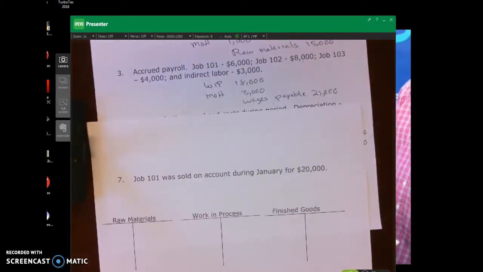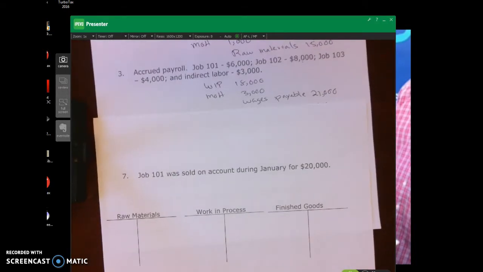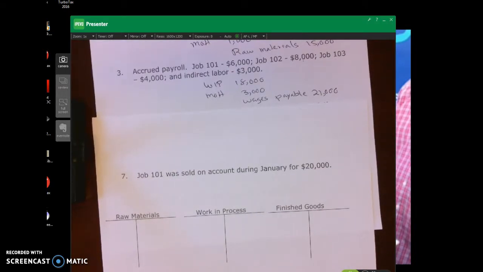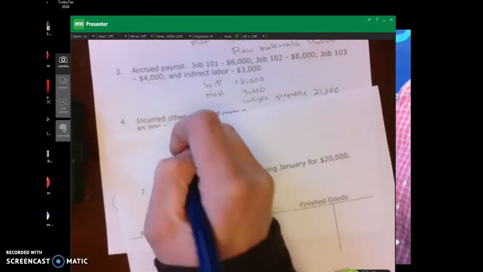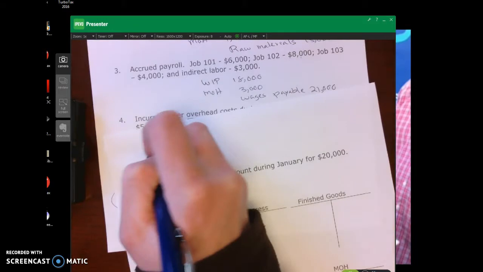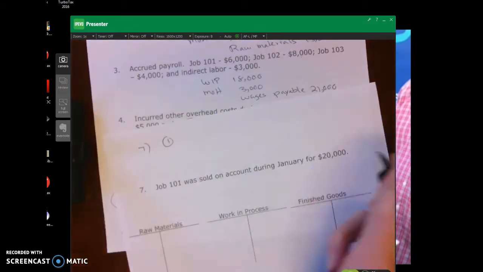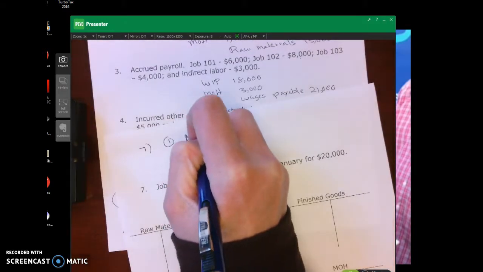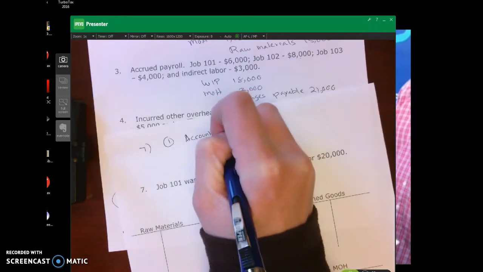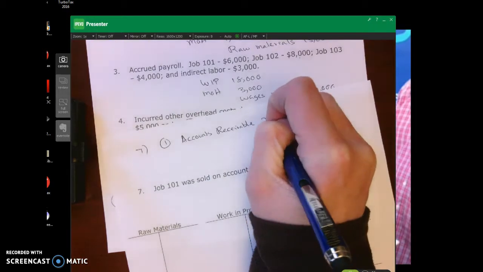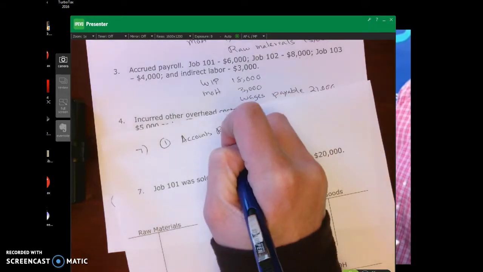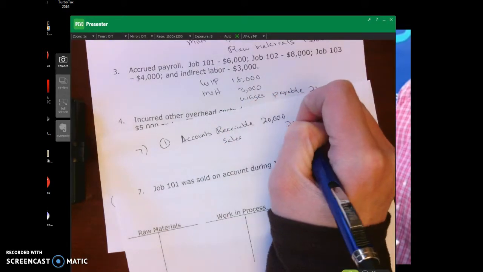Then we look at number 7. It says job 101 was sold on account for $20,000. Remember, we have to do 2 journal entries. This is number 7, and I'll move it up here. It was sold on account, so that means a debit to accounts receivable for $20,000 and a credit to sales for $20,000.